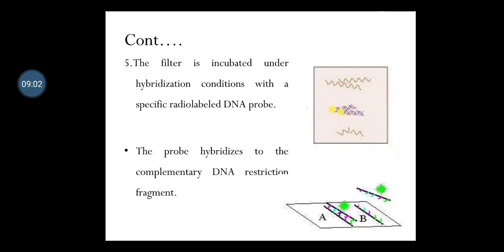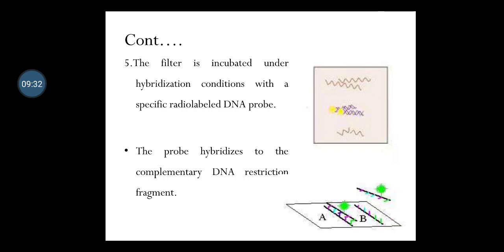The membrane is then placed in a solution of labeled RNA, single-stranded DNA or oligodeoxynucleotide, that is the probe. This labeled nucleic acid is used to detect and locate the complementary sequence. The probe containing the sequence of interest is hybridized or annealed with the immobilized DNA on the membrane. After hybridization, the membrane is washed to remove the unbound probe.